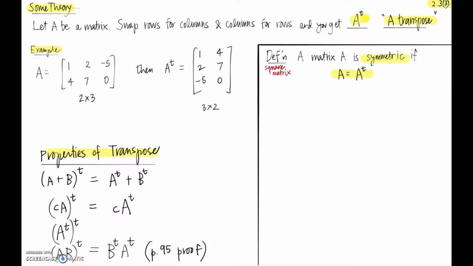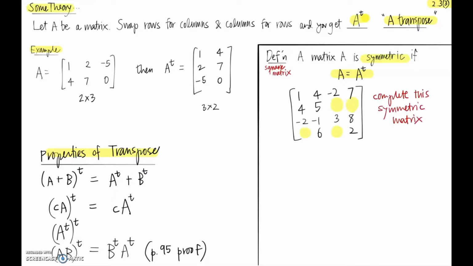Okay, the last thing I want to define before we move back to more examples is something we haven't talked about yet. Sorry, before we move on, I do want to do one example with a symmetric matrix where we're given this matrix and we want to complete it so that it stays symmetric. So we need to figure out what number goes right here. This is the 2, 3 element. It's symmetric, so it has to be the same thing as the 3, 2 element.